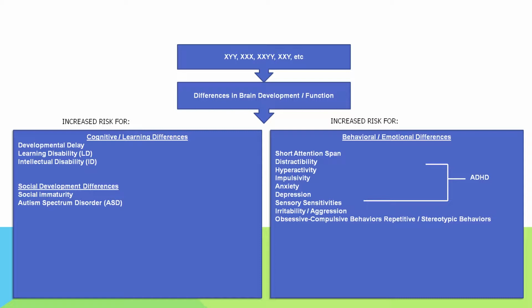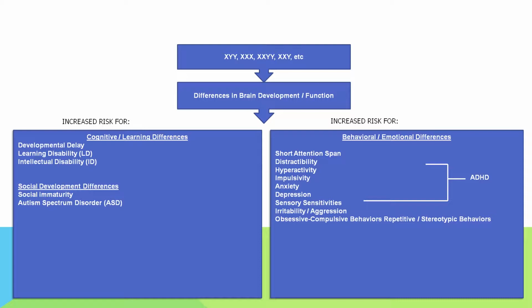This leads to increased risk for cognitive and learning differences, developmental delays, social developmental differences in terms of social maturity or autism spectrum disorders, and then behavioral and emotional differences such as short attention span, distractibility, hyperactivity, impulsivity, anxiety, depression, sensory sensitivities, irritability, and obsessive compulsive or repetitive behaviors.